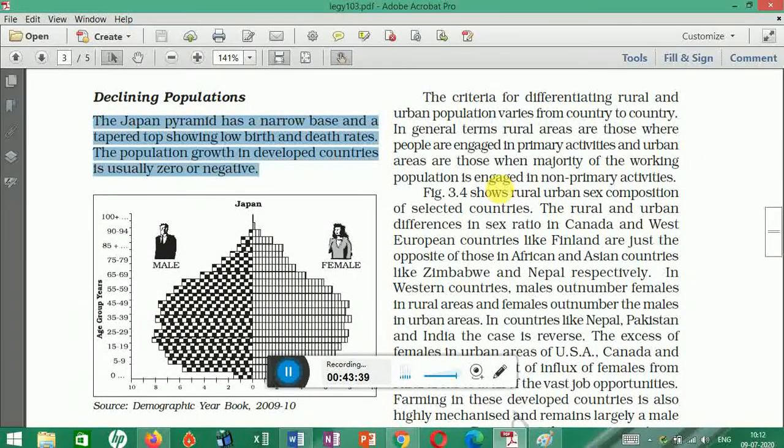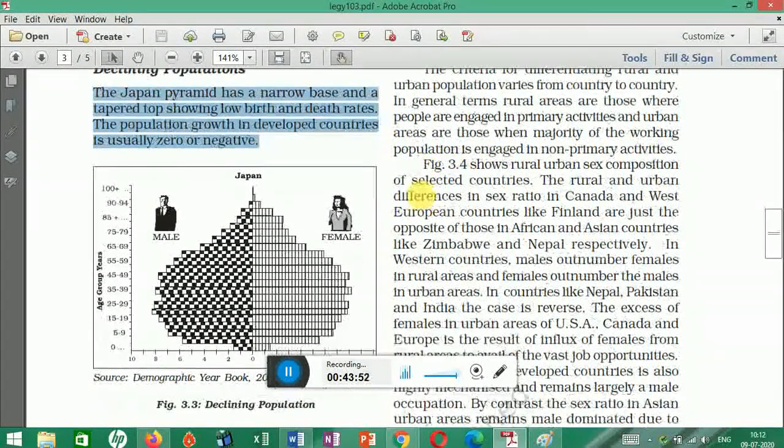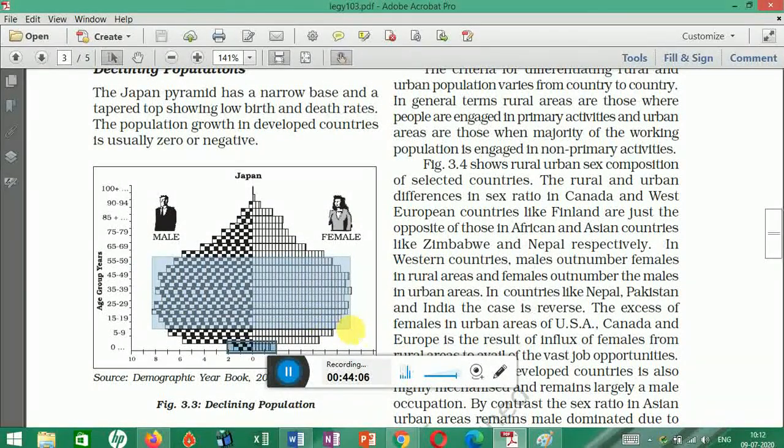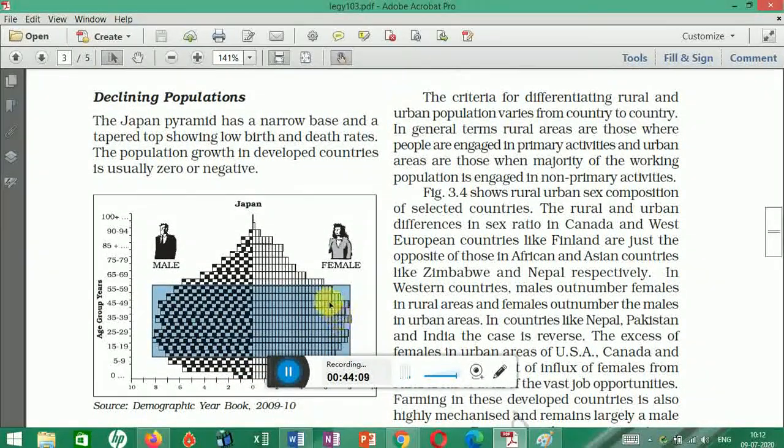Population growth in developed countries is usually zero or negative. This type of pyramid you will find in most of the European countries also. Here the population in the age group 0 to 4 is very small, the base is very small.